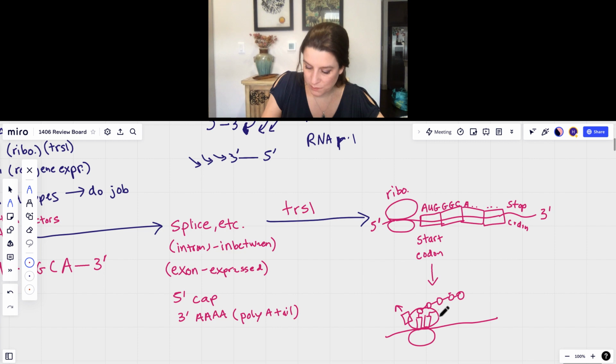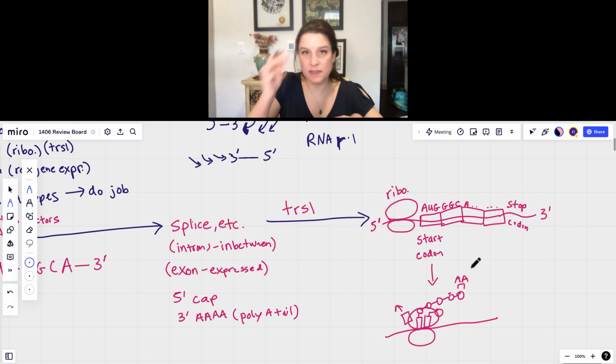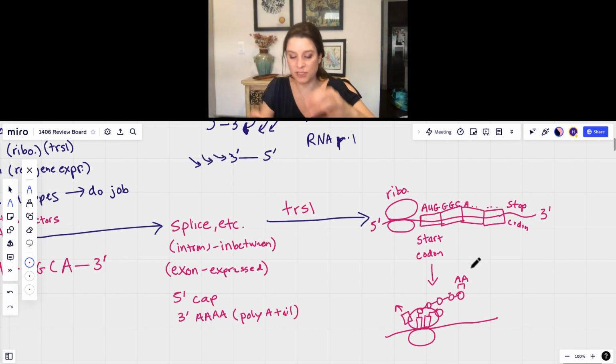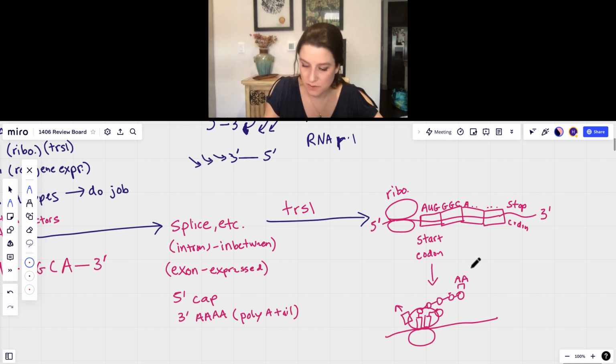This is a new amino acid coming in. These are all amino acids. And as it matches up with the codons, it brings in a new amino acid. Just the tRNA is what matches the codon with the amino acid and brings the new one in. And the chain gets added to the new one, it shifts, the chain gets added to the new one, it shifts over and over.